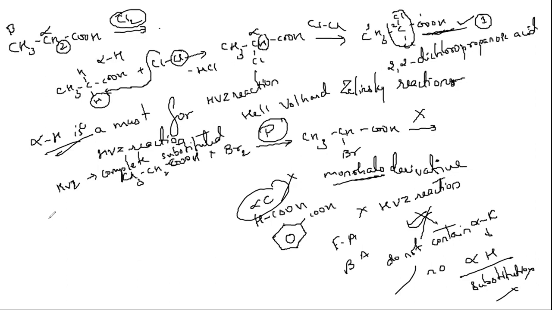And if you are using red phosphorus, you will get the monohalo derivative. Is that point clear? The HVZ reaction is a very important reaction, so I have made it very clear. Fine.